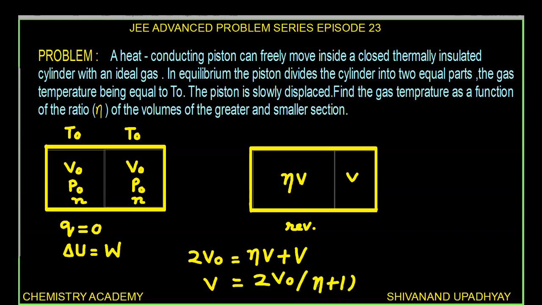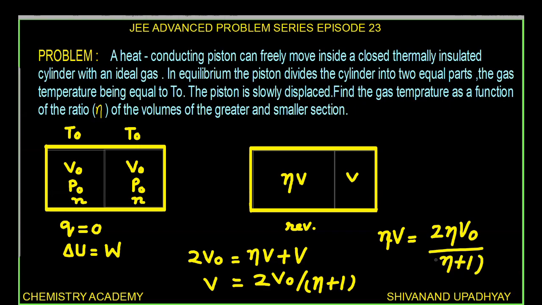And if we know the volume of the smaller section, we know the volume of the greater section, which is eta times V. That can be written as 2 eta V naught divided by eta plus 1.